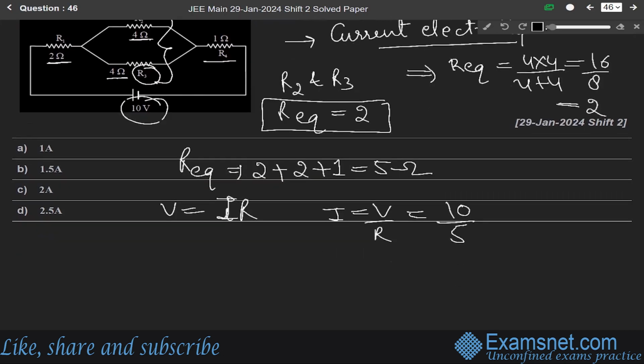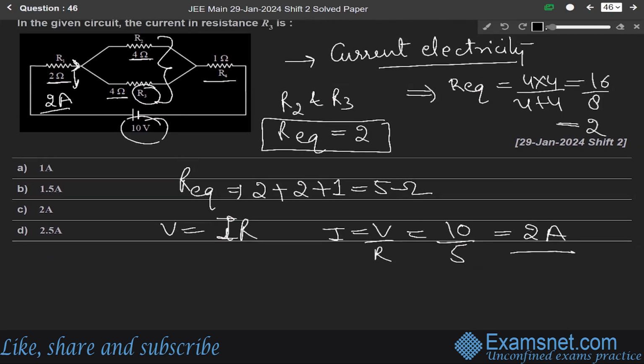So current will be 2 ampere in the whole circuit. Now the current flowing through this is 2 ampere. So this 2 ampere current must be distributed in both the arms. So here also the current is 1 ampere and current flowing through this is also 1 ampere. So the current through the resistance R3 is 1 ampere. Okay, so the correct answer is option A, 1 ampere.